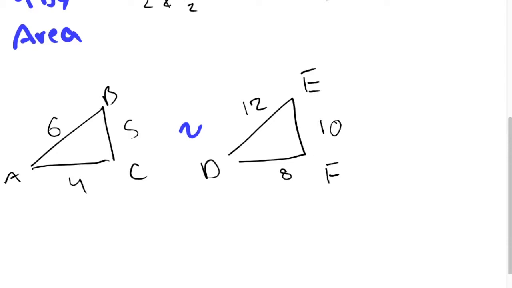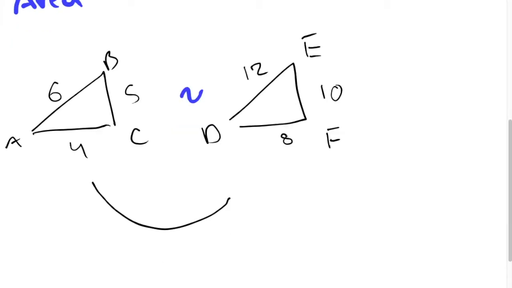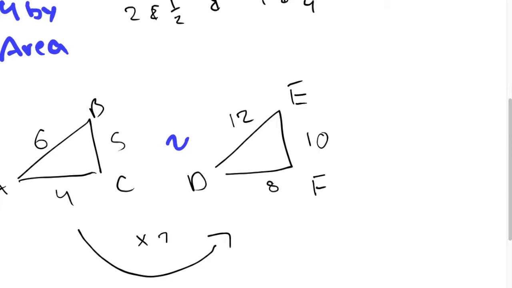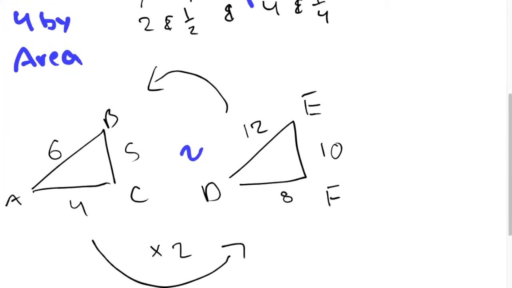So first of all, before actually finding the perimeter, let's look at the side length ratio. The side length ratio is the same as above, from triangle ABC to triangle DEF. It's times 2. And from triangle DEF to triangle ABC it's times 1/2. So now let's look at the perimeter.